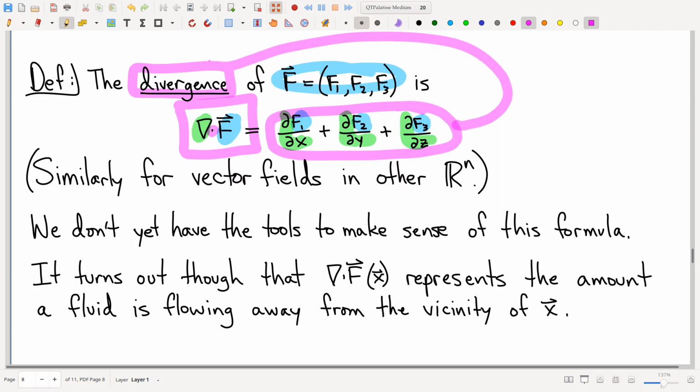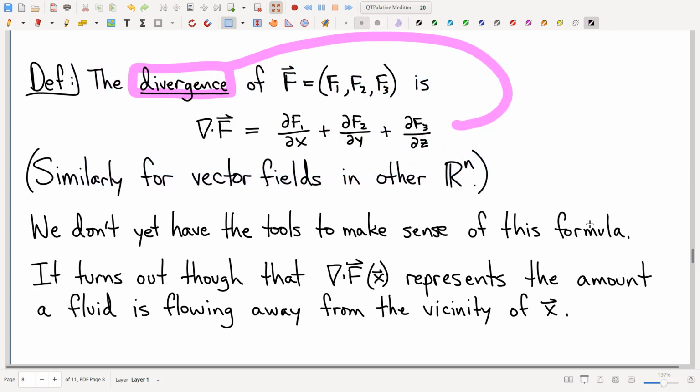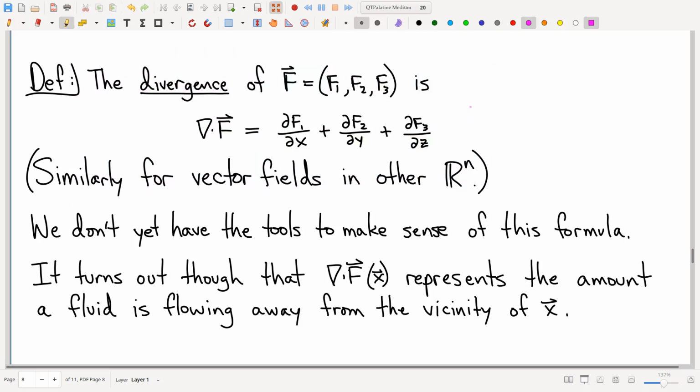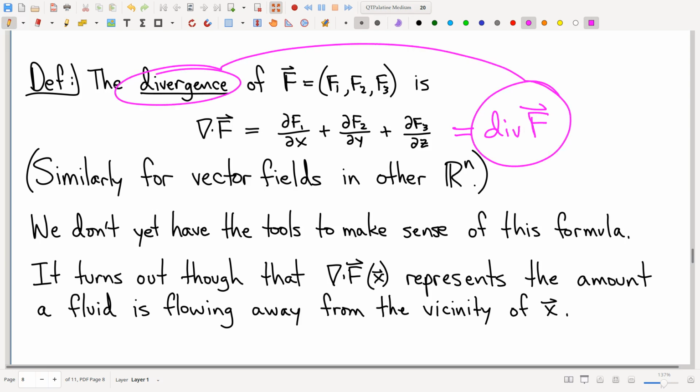And so, yeah, this del operator gives us a very convenient notation for writing it down. Heads up on this, you'll see divergence written in different ways. By the way, another notation is that some people will call this div f, which really makes more sense if you think about it.